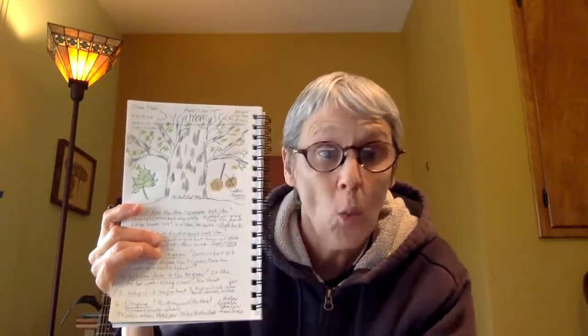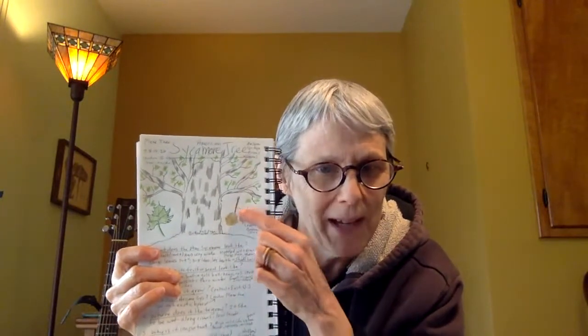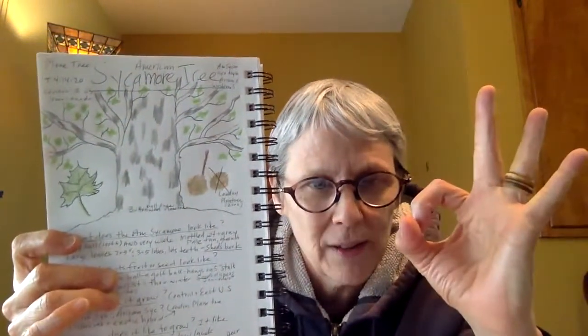Remember, when we are studying nature, friends, we have to observe very closely because each tree, even each sycamore, has its own unique features, its own unique characteristics. Other sycamores might have a different shaped leaf. Other sycamores might have more of these little seeds or fruits, these little balls.